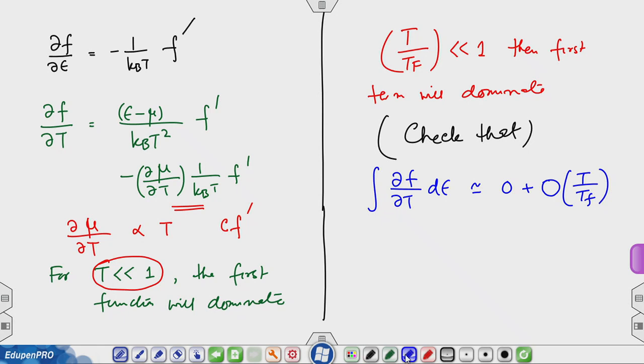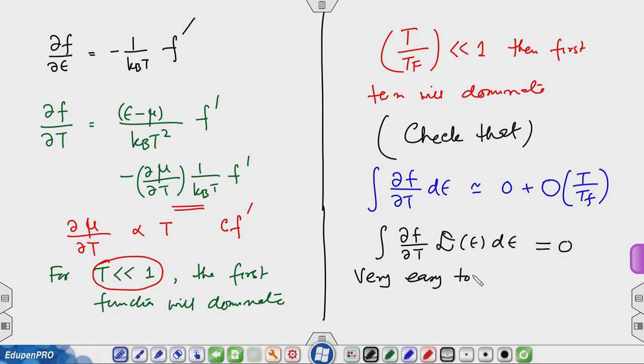More importantly, and related to our work, the integral of partial f partial t times the density of states g(epsilon) dE is exactly 0. This is very easy to prove, because the number density n is equal to the integral of f(e, t) g dE over the energy 0 to infinity.